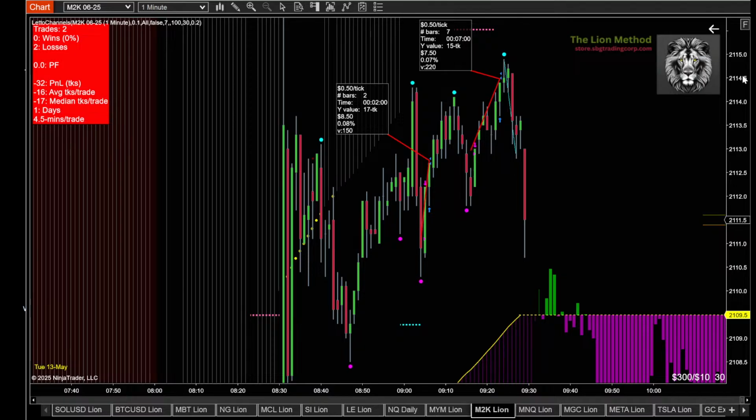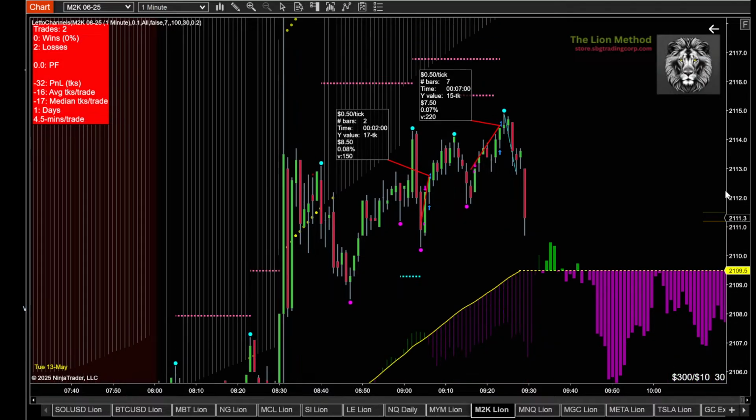There's our breakdown in the Russell. Well, isn't that something? Coming into the open, 928.